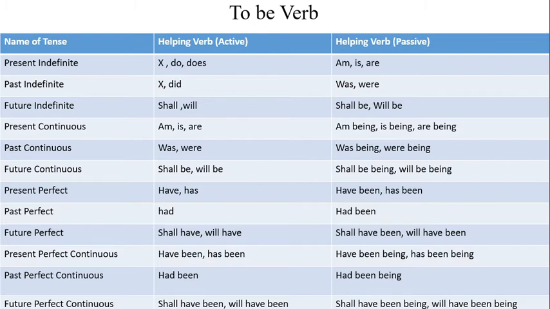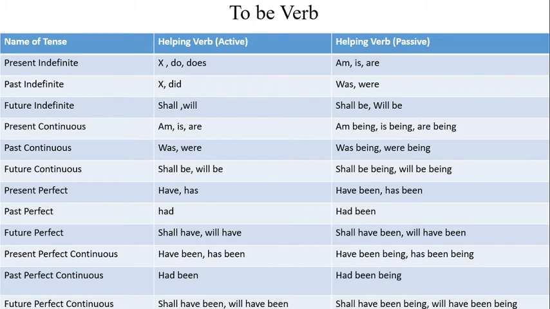In present indefinite tense, the passive form of verb will be am/is/are plus past participle form of verb.